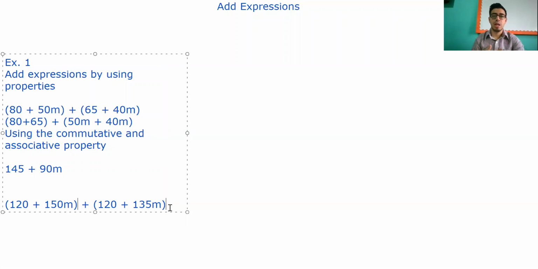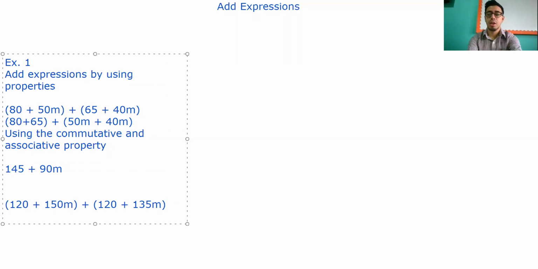Later, what we do, we separate, remember, the terms that have a variable and the terms that don't have any variable. We learned about this a few days ago, so I hope that you remember. 120 plus 120, and now plus 150M plus 135M, okay?